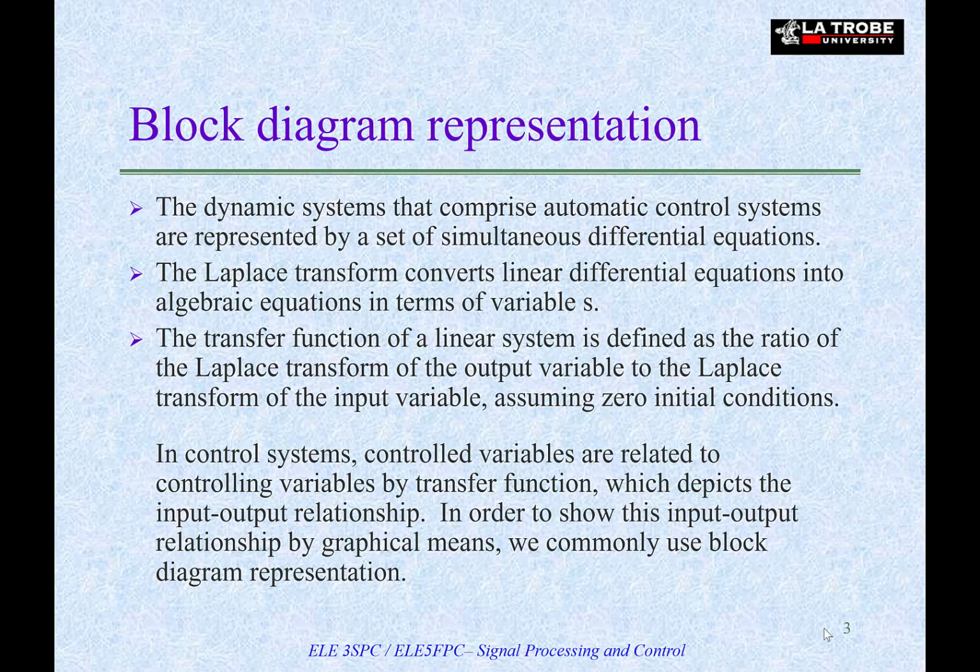And we know that transfer function is defined as the ratio of the Laplace transform of the output to the Laplace transform of the input. And we always assume zero initial conditions whenever we derive a transfer function for a system.